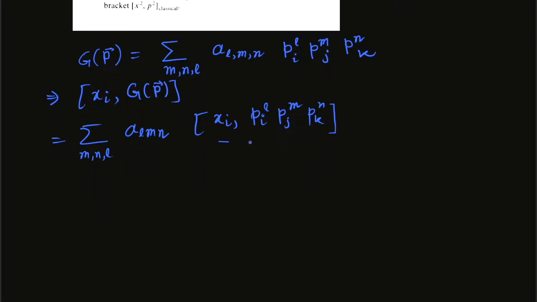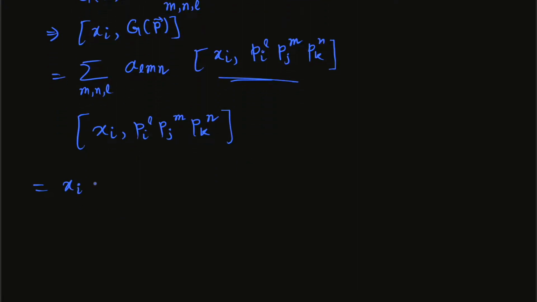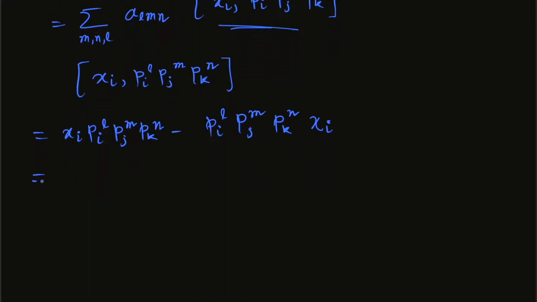Now let us see this. What is this commutation? [x_i, p_i^l p_j^m p_k^n] can be simplified as x_i p_i^l p_j^m p_k^n minus p_i^l p_j^m p_k^n x_i. Now let us add some term and subtract that term.